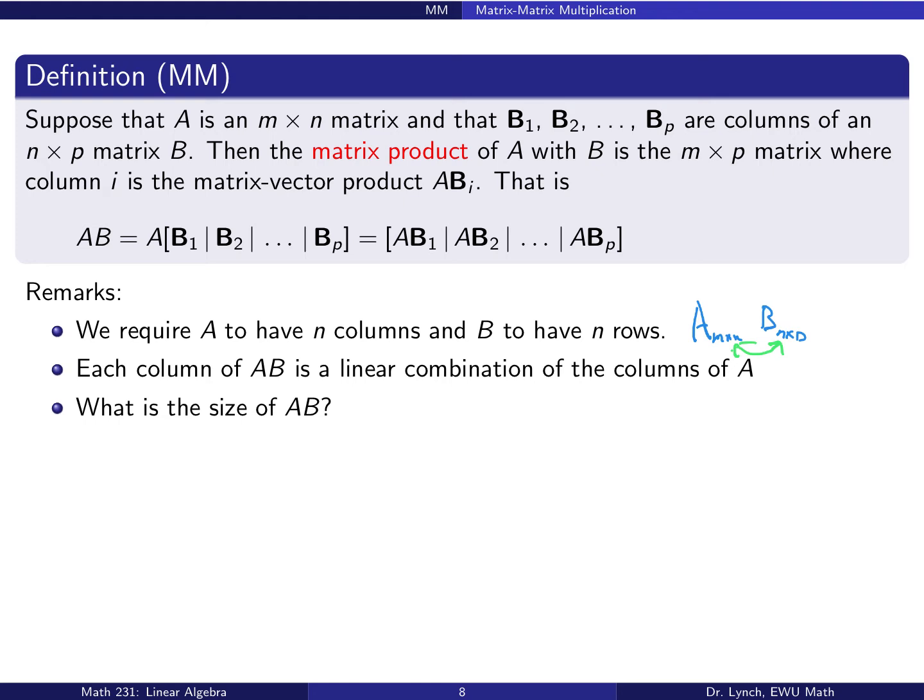A quick way to check is to write A as m by n, B as n by p, and then AB is m by p. So we make use of those outer dimensions, the number of rows of A and the number of columns of B.